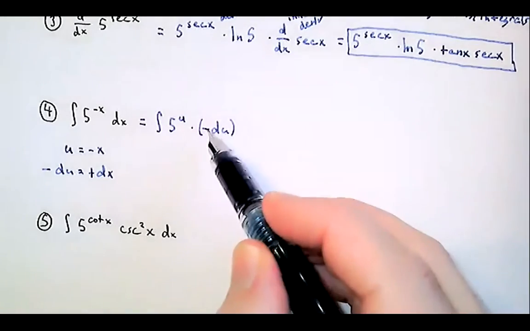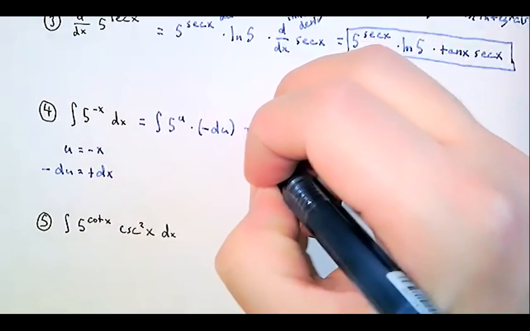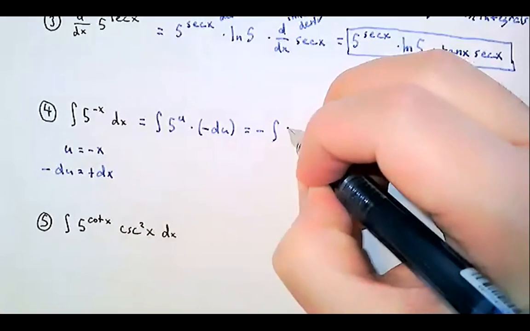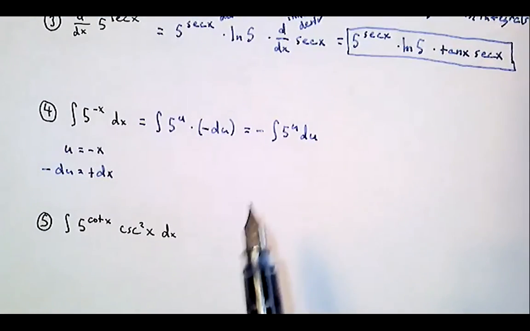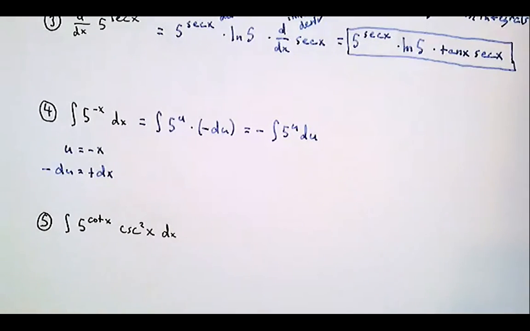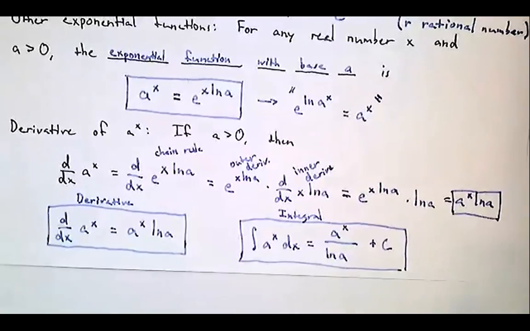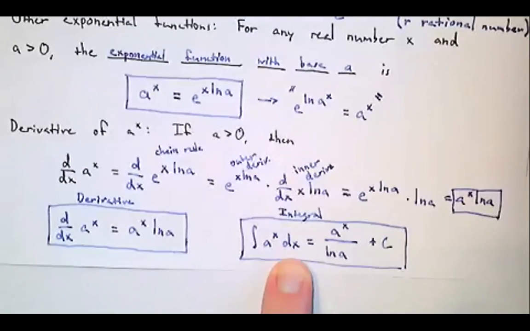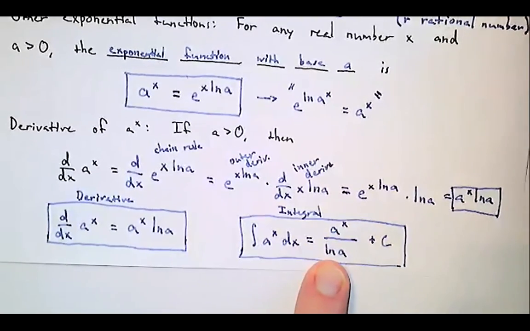Okay. And then we can move this minus sign to where it would probably normally go, to the front. And then we have a very straightforward problem. Negative of the integral of 5 to the u du. And in order to do this one, we'll just flip back to our integral rule for exponentials with different bases down here. So we'll just have 5 to the u over the natural log of 5.